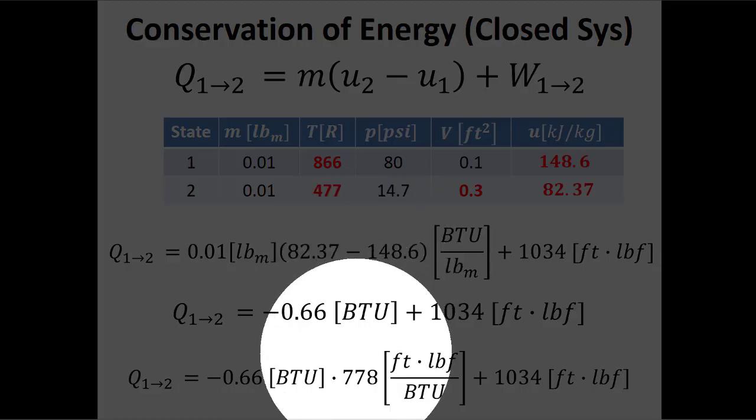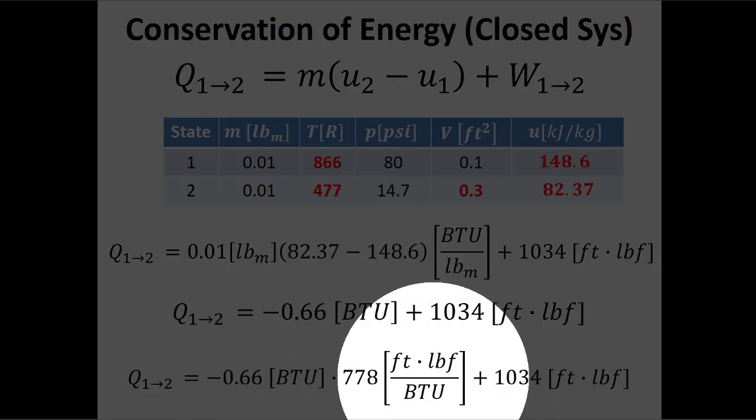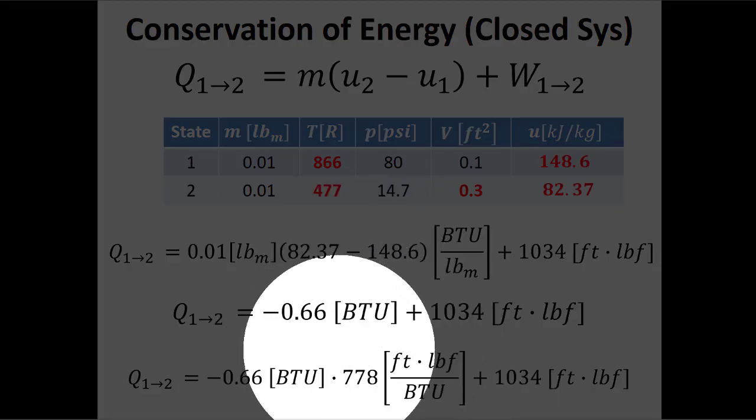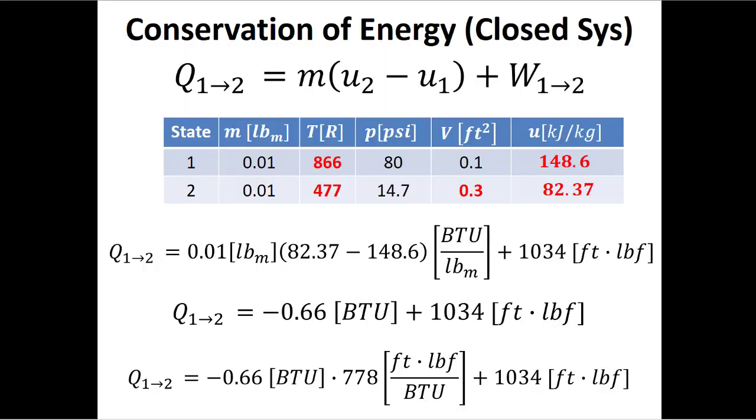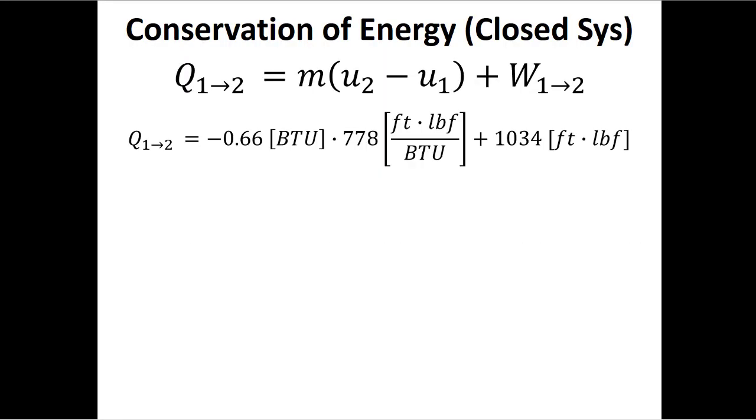We're trying to get rid of these British thermal units. So we put British thermal units here on the bottom, and there's 778 foot-pounds in a BTU. So now my BTUs will cancel. Here again, I can do some math so that I can be adding apples to apples.